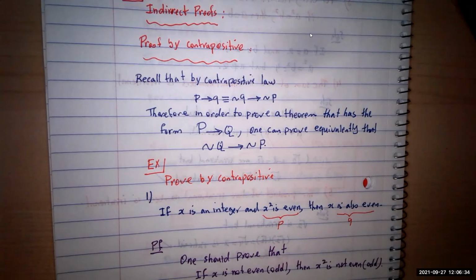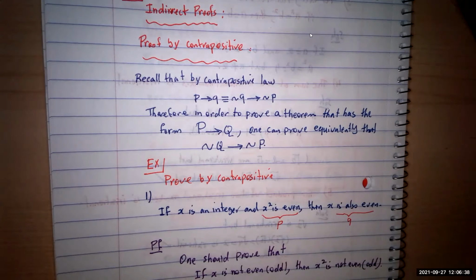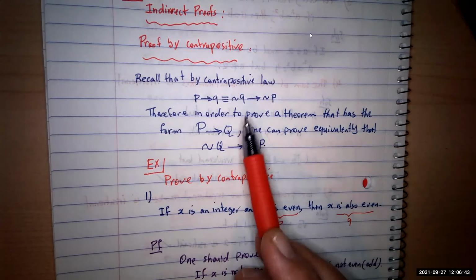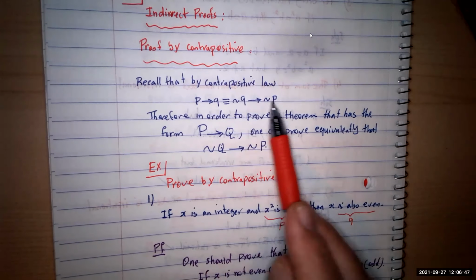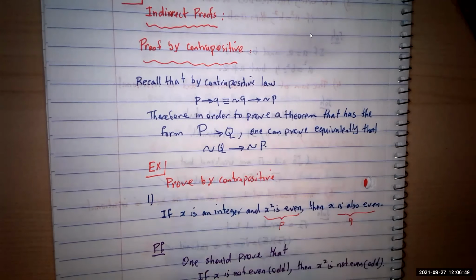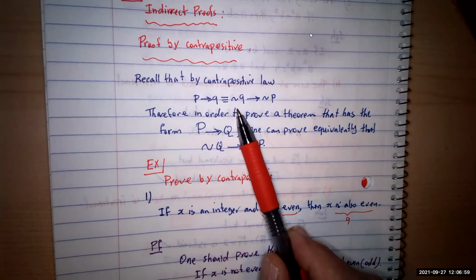The method of contradiction is very similar to the contrapositive. In the contrapositive, instead of proving if P then Q, we prove not Q implies not P. In the method of contradiction, again, we assume that the statement is false. When we say a statement is false, this means not Q is true.